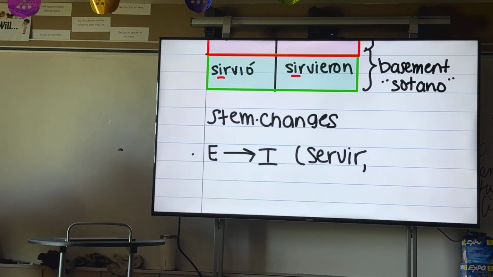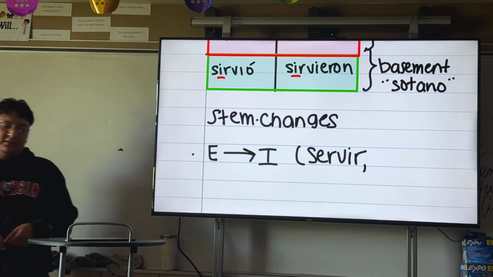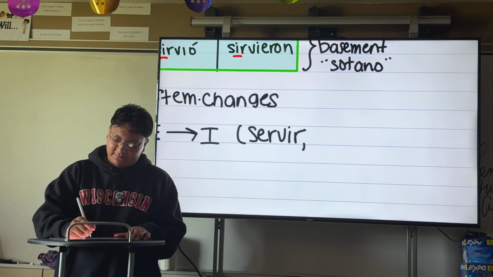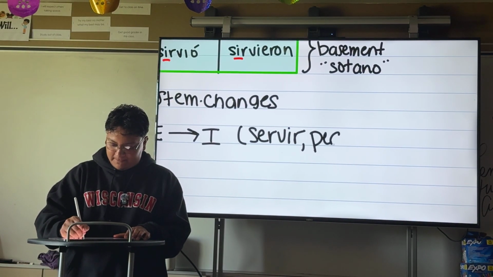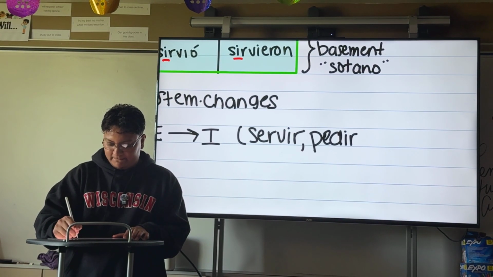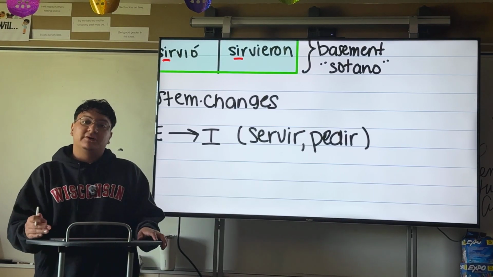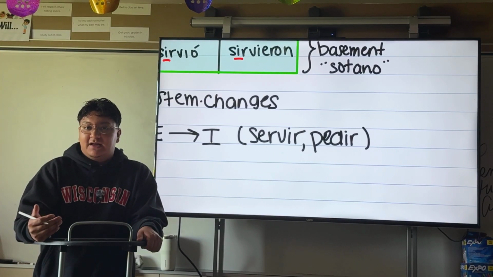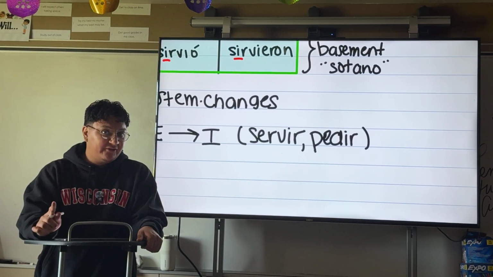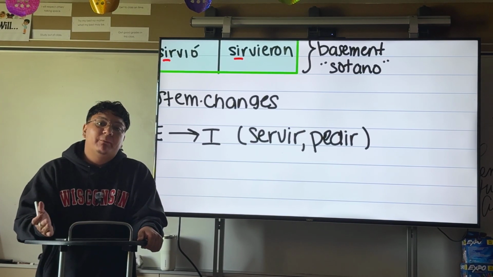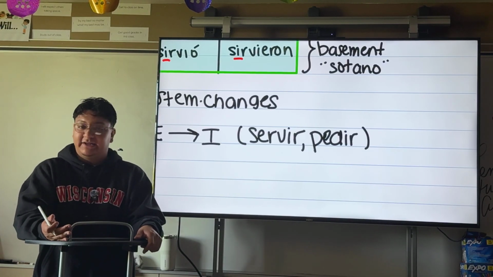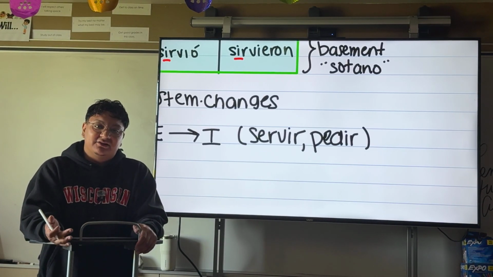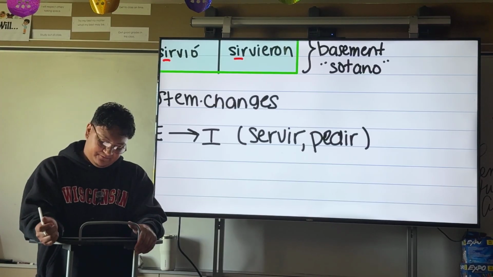Another example is pedir, or to ask. For example, yo pedí al mesero, one of your vocab words, por un vaso de agua. Or in English, I asked the server for a cup of water.